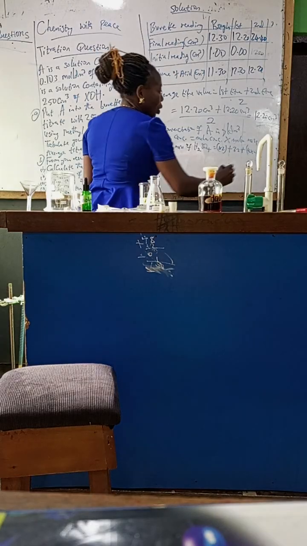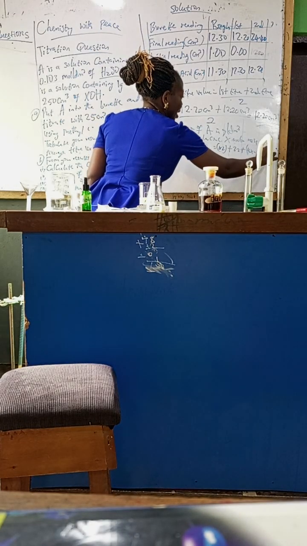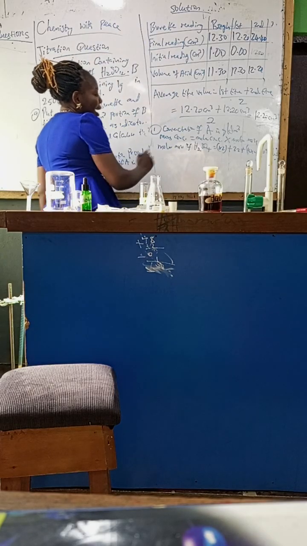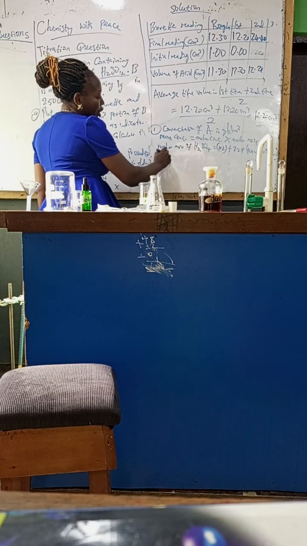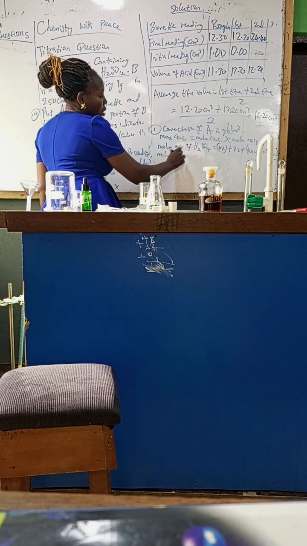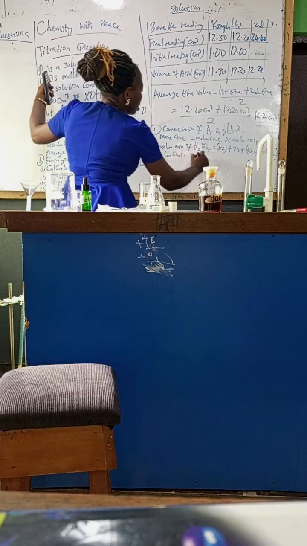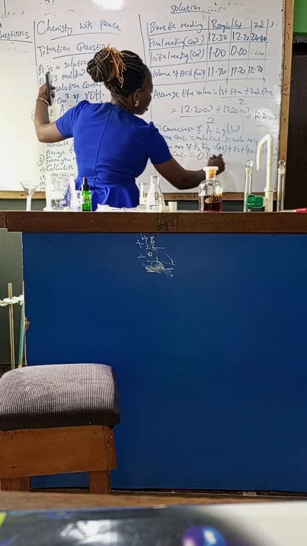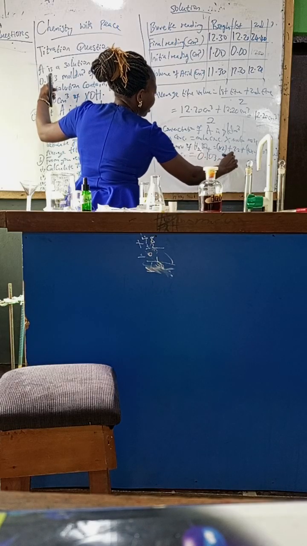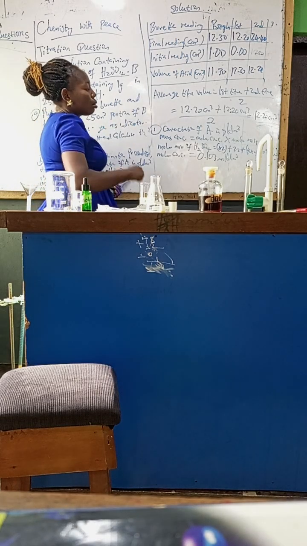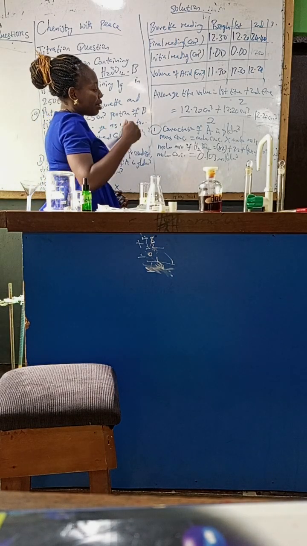Use your calculator, you are going to get 98 gram per mole. And then our molar concentration is equal to 0.103 mole per dm cube. So now use your calculator and simplify it.